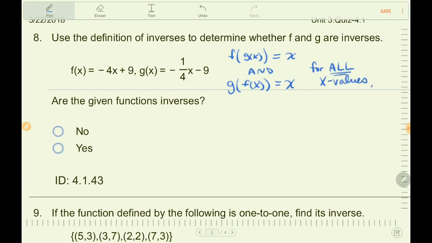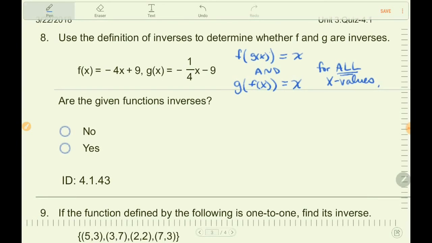The all part is very important. And the only way to know if it works for all of them is to use an algebraic solution so that I will know in general for any x value. So what I'm saying is I can't use a concrete example with numbers and let that be sufficient.